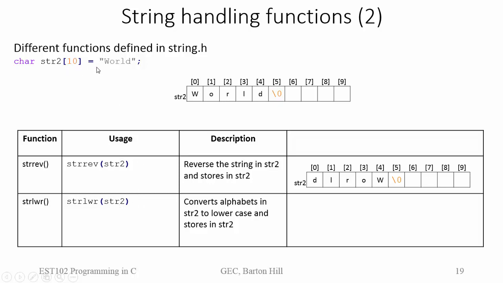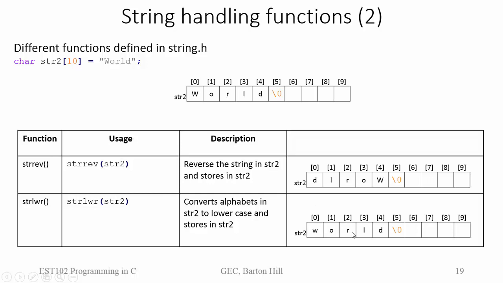So consider our str2 is capital W ORLD, then after performing this function it will be world, but uppercase W is changed to lowercase w. Okay, so strlwr is used to change all the characters in a string to lowercase. Again, there is another function strupr which is used to change the characters in the string to uppercase.